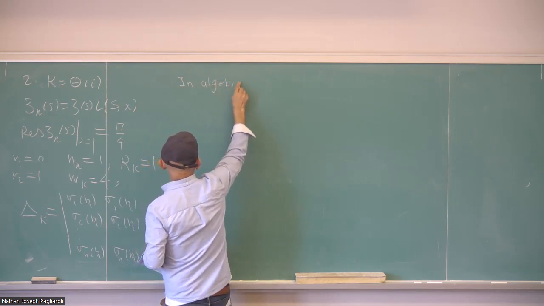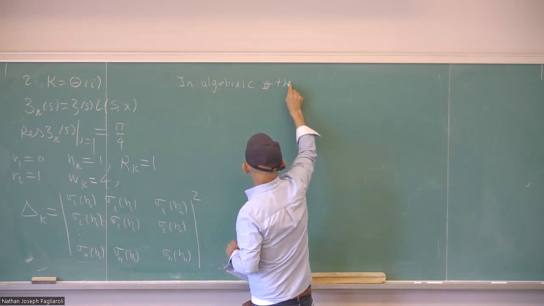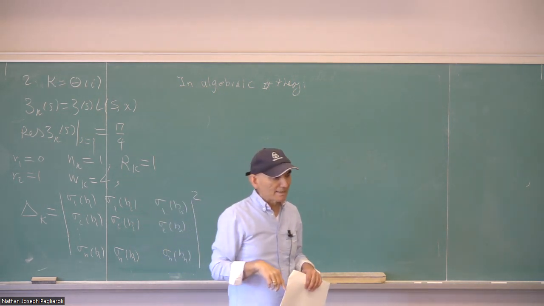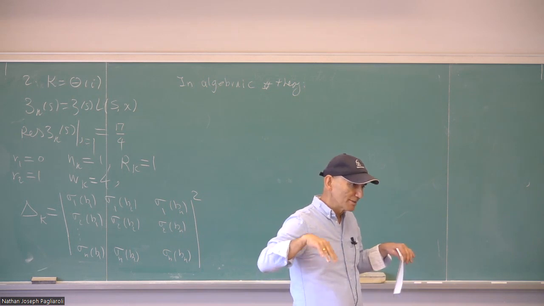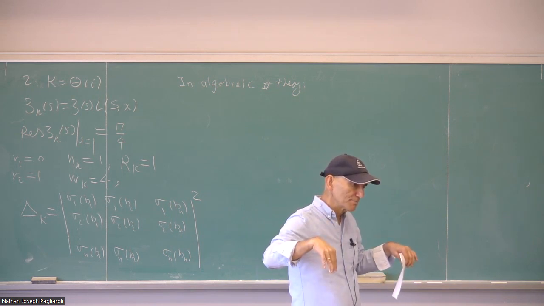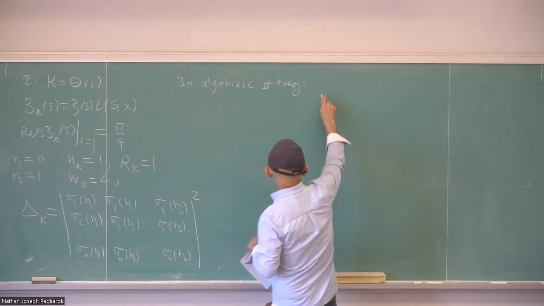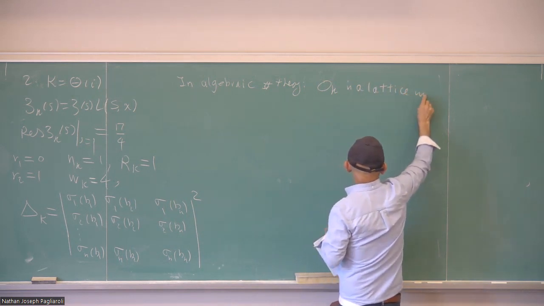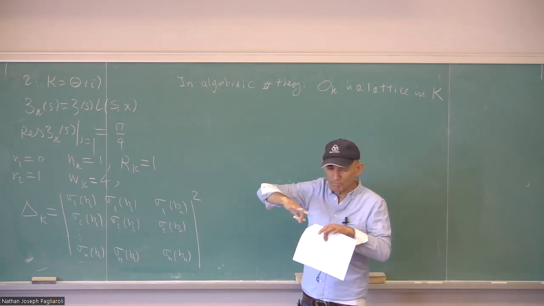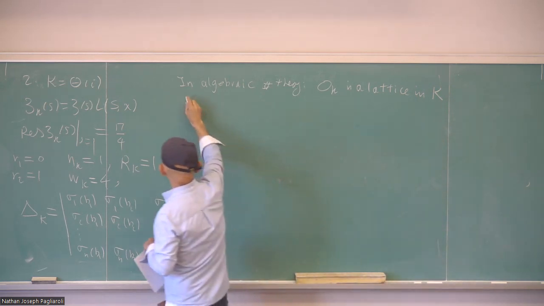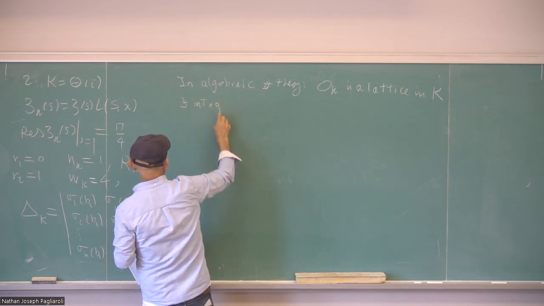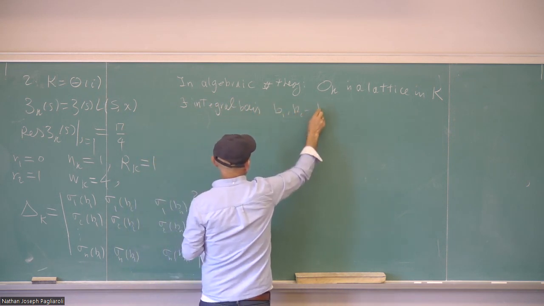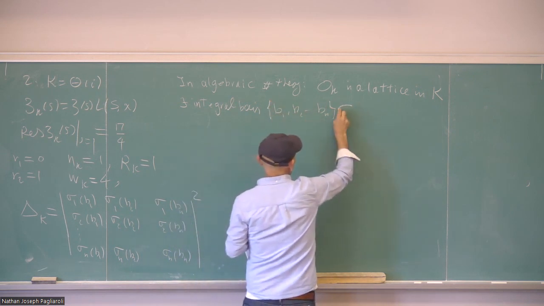In algebraic number theory, they show that O_K is a lattice inside K. So in other words, there exists an integral basis b1, b2, ..., bn. This is a basis inside O_K.